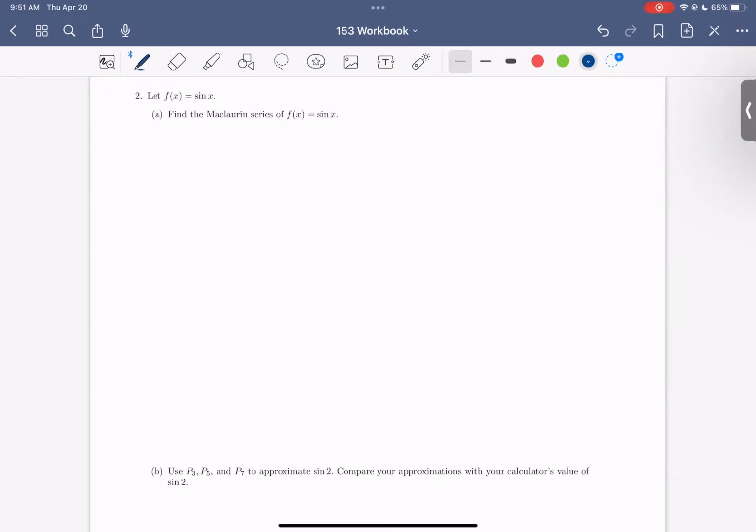Here we're asked to find the Maclaurin series, the Taylor series centered at 0, for the function f of x equals sine of x.